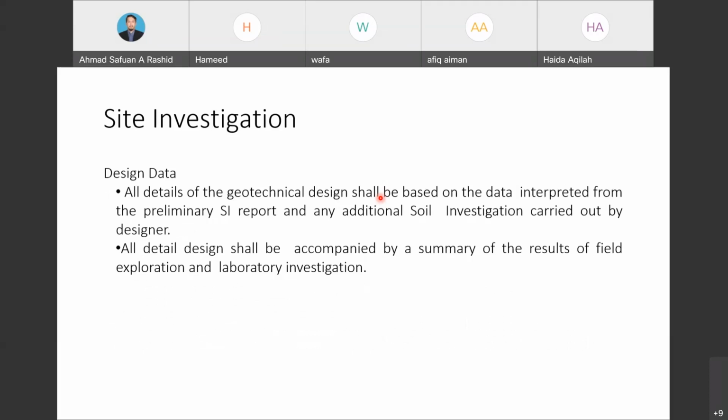Okay. All detailed design should be accompanied by a summary of the result of field exploration and laboratory investigation. Okay. So that is the role of designer under the site investigation.